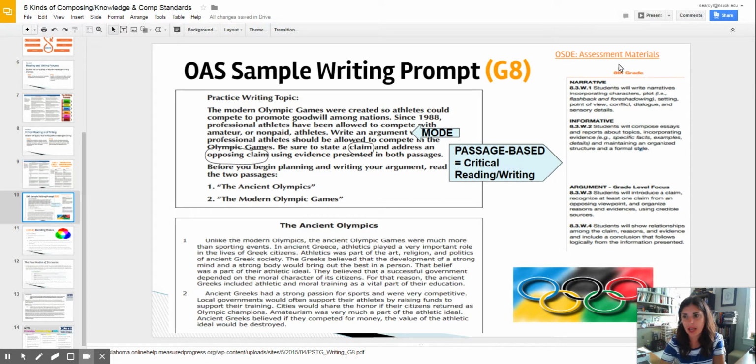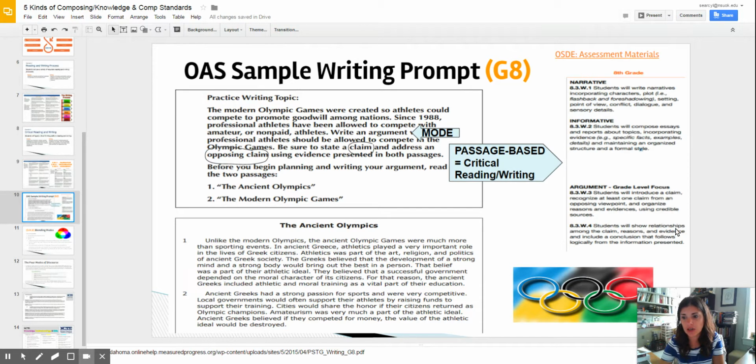So by looking at the 8th grade standard argument, students should introduce a claim, check, and one from an opposing viewpoint, check, and use credible sources which were given to them.